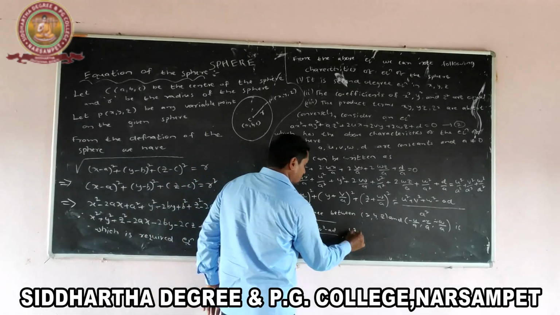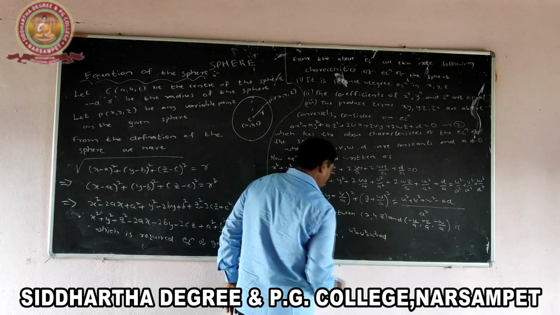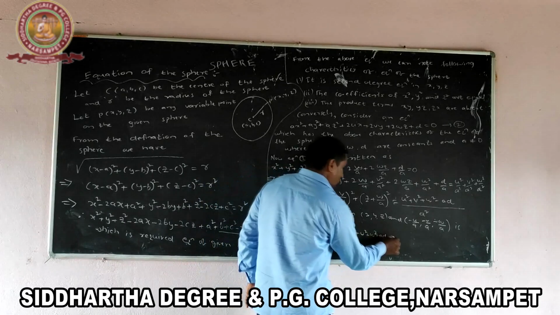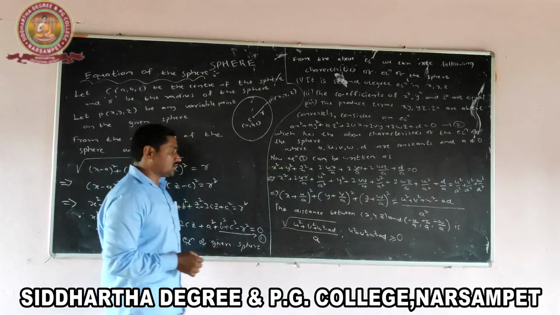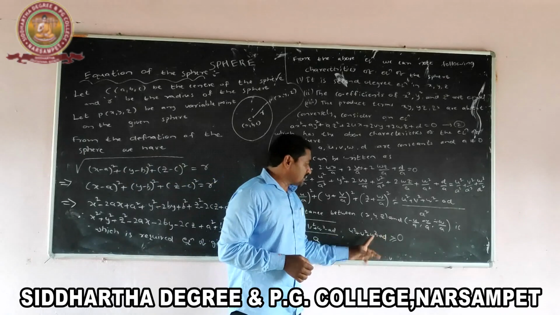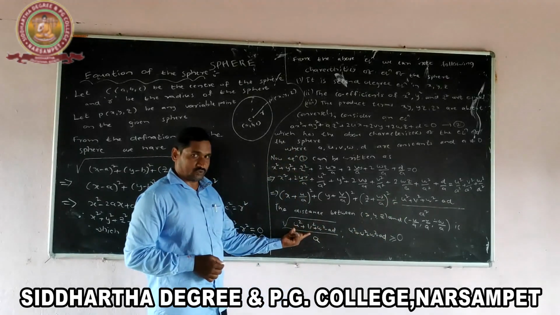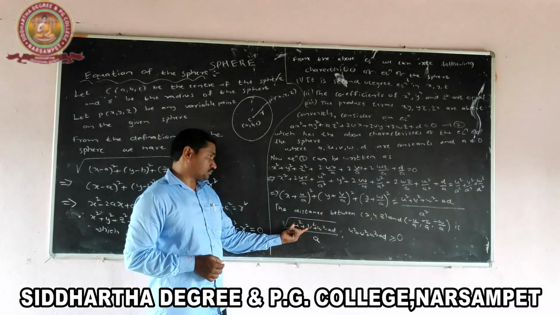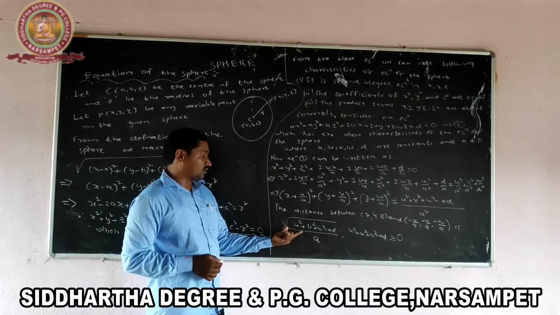Here it's u square plus v square plus w square minus ad, which must be greater than or equal to 0. If it is less than 0, this value will be undefined, right? It is not a real number, right?